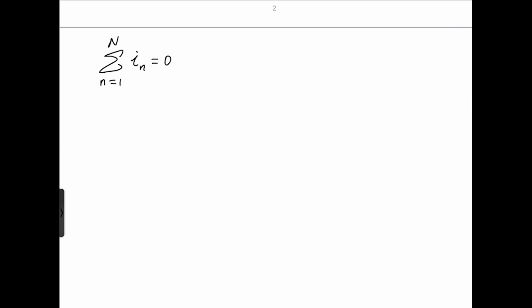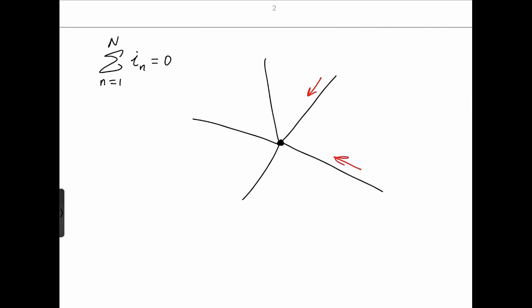So what that means is that if we have a node, let's say we have a node right here, 1, 2, 3, 4, 5. So I got 5 branches, and we have currents entering and leaving. Let's make that one leave.